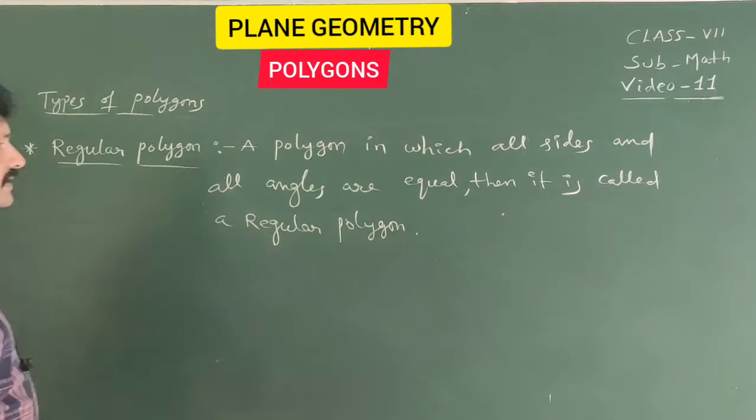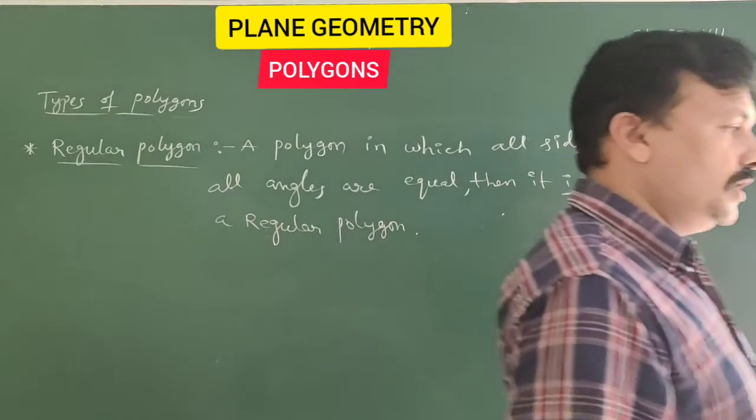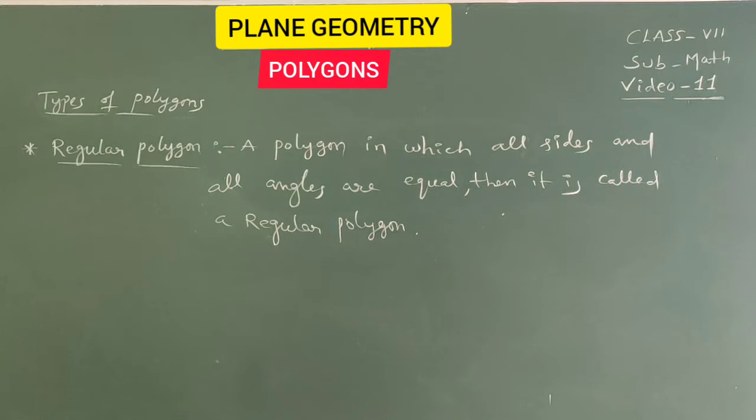Okay, a polygon in which all of its sides are equal and all of its angles are also equal is called a regular polygon.